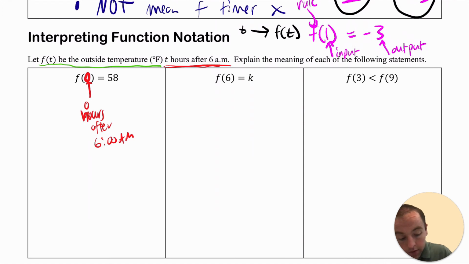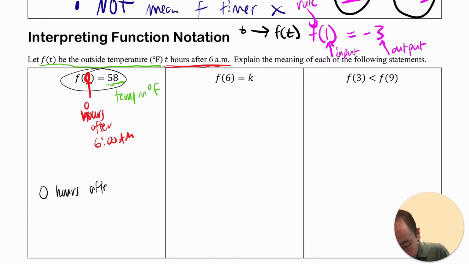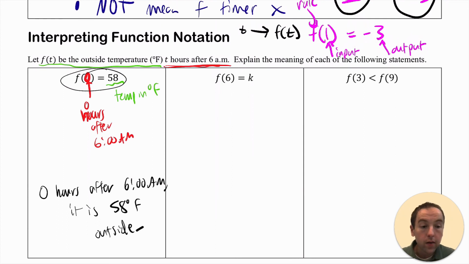Because it equals the number 58, we know that's the temperature in degrees Fahrenheit at that time. So we can interpret this statement to say that 0 hours after 6 a.m., it is 58 degrees Fahrenheit outside.